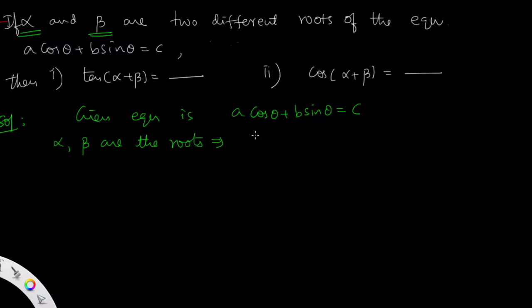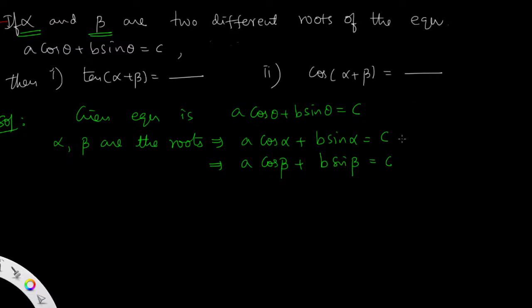That implies, if the equation is satisfied, in the place of theta we can write alpha: a cos alpha plus b sin alpha equal to c. Similarly, beta is also a root: a cos beta plus b sin beta equal to c.